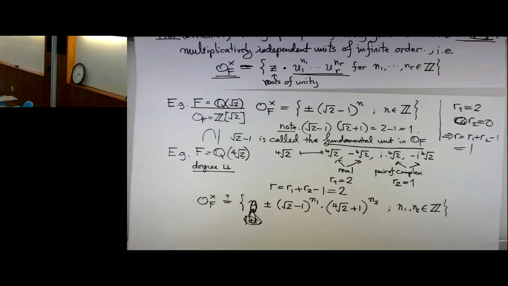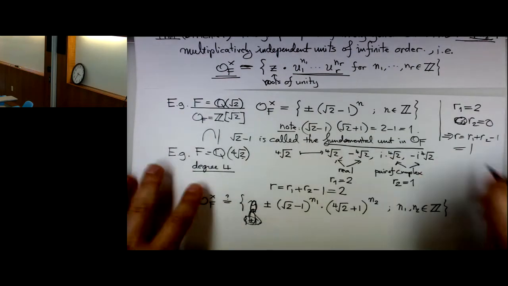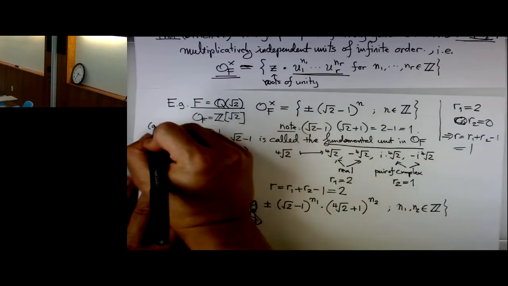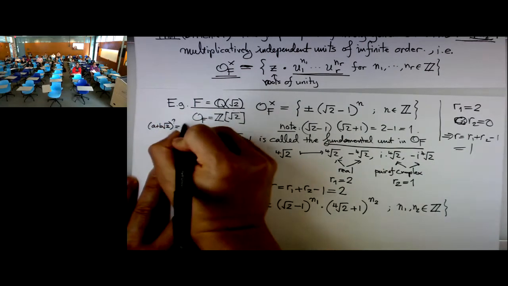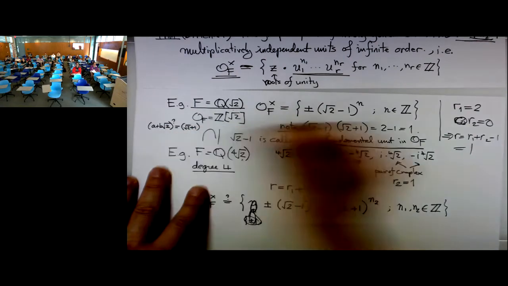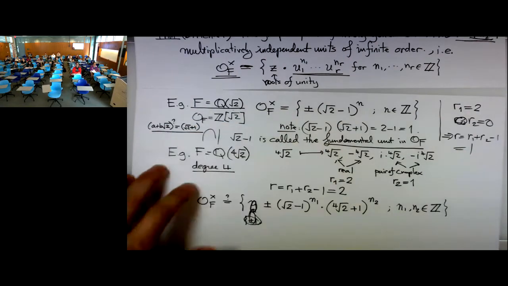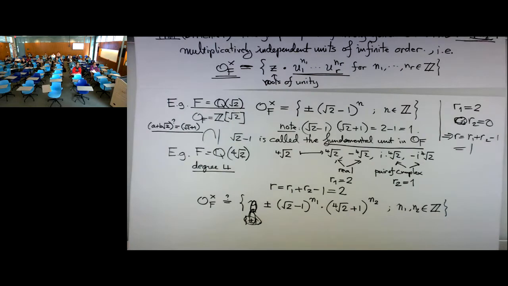But if you don't believe it, you can say a plus b root 2 to some power equals root of 2 plus 1, the inverse of that. I think it's unlikely you can find another a and b smaller than 1 and 1 so that it works. So this is the smallest one you can look at.